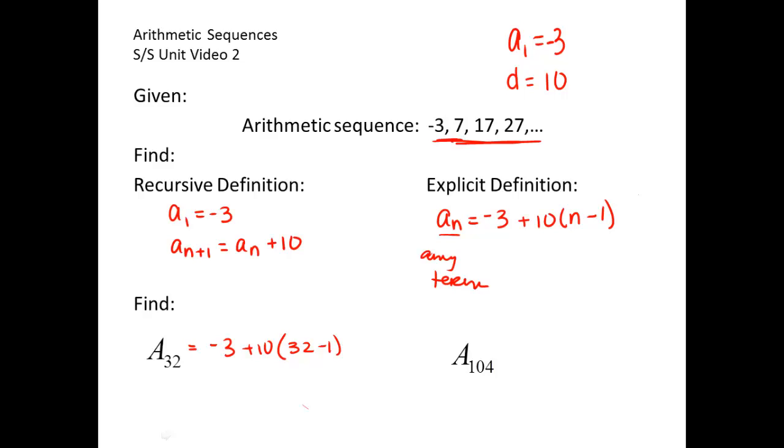So that leaves us with 31 times 10 minus 3 gives us 307. Okay, to find the 104th term, negative 3 plus 10 times 104 minus 1. So I have 103 times 10 minus 3 more. So that is 1027.